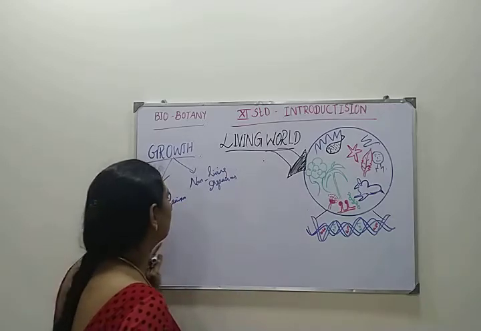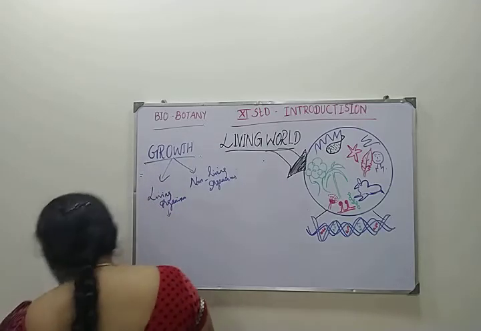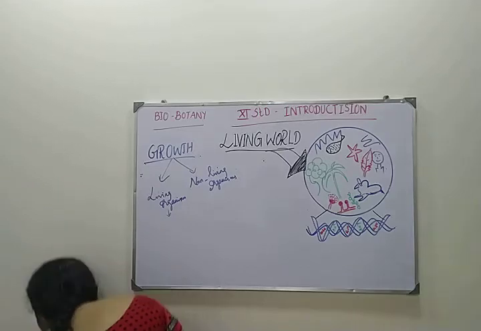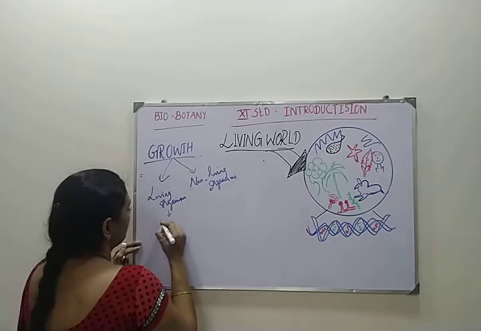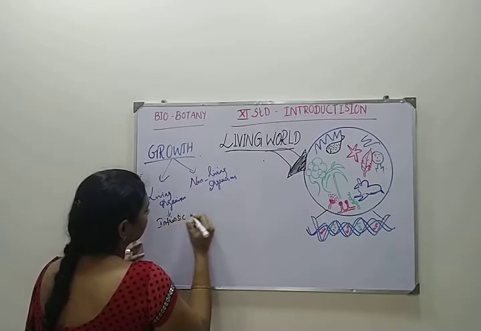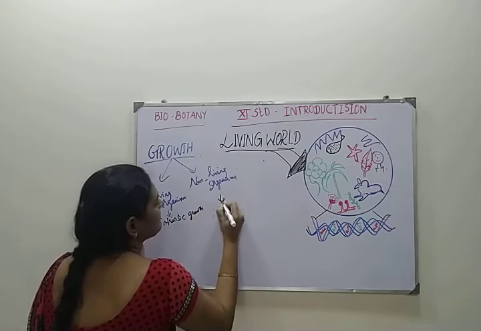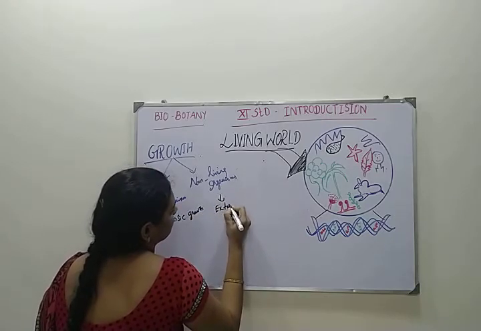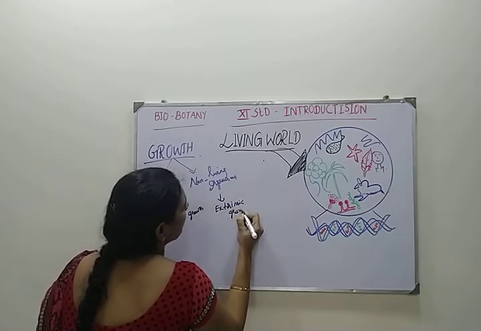Generally, living things grow by intrinsic growth. I'll write in a separate color for understanding. This is extrinsic growth. Why is it called intrinsic growth?